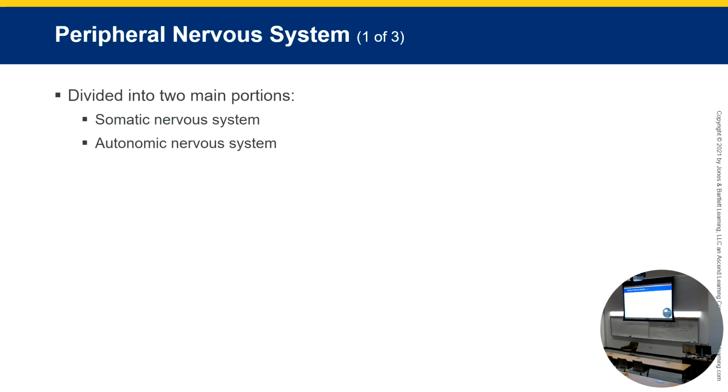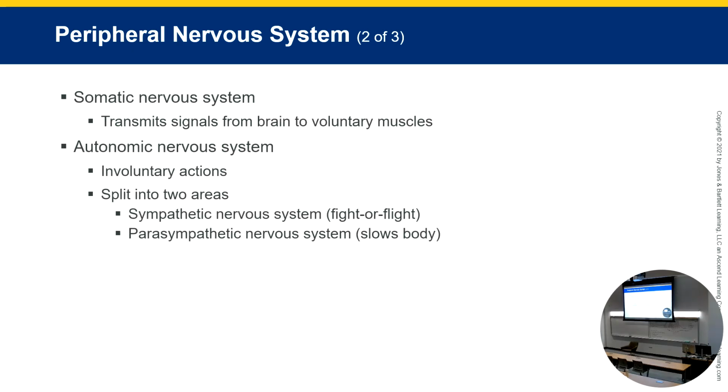The PNS, the peripheral nervous system, again, that could be further divided into two subsections, the somatic and the autonomic nervous system. The somatic nervous system transmits signals from the brain to your voluntary muscles. So again, more talking about the skeletal muscles, whereas the autonomic is all about your involuntary actions, your smooth muscles, more or less.